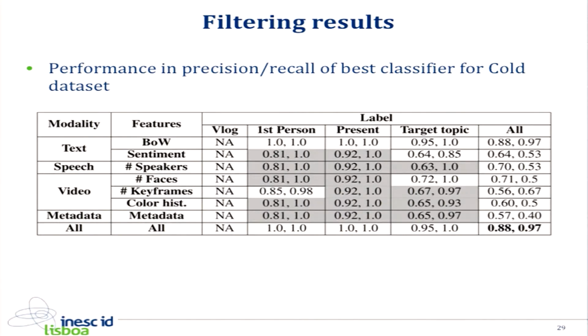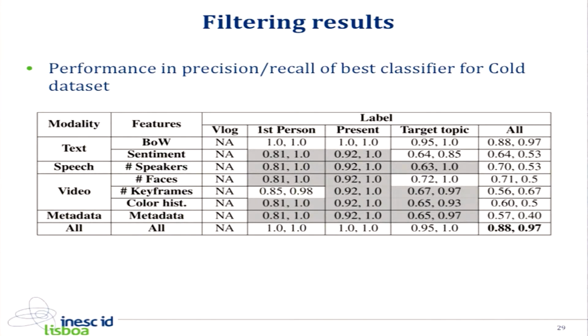You can see here shaded results that didn't prove better than what we could get by picking the majority class. For the vlog category in the cold data set, we didn't have enough negative samples, so that's why it says non-applied.